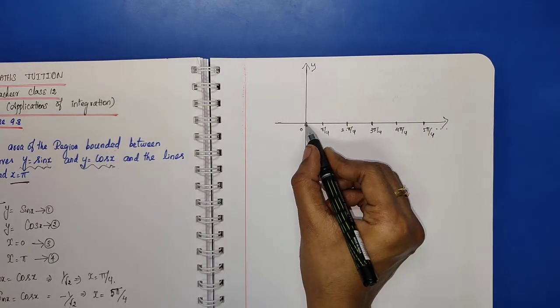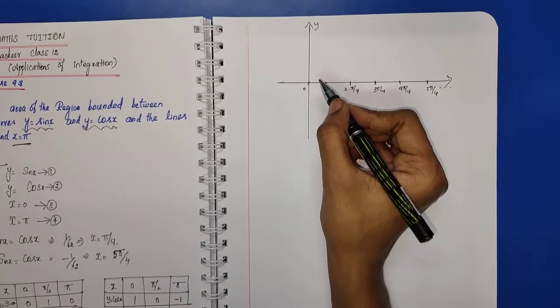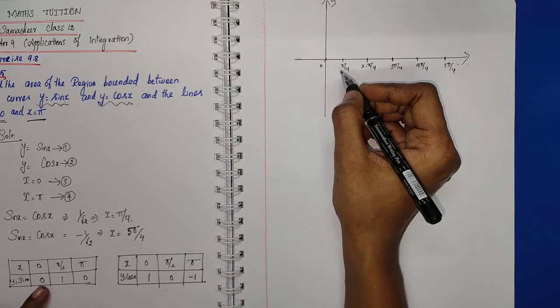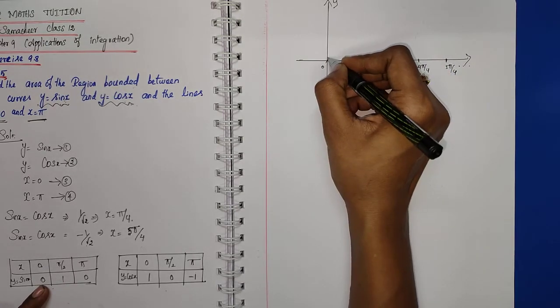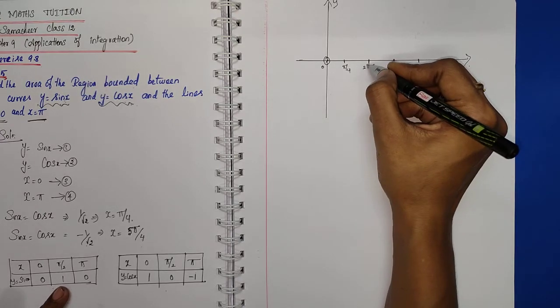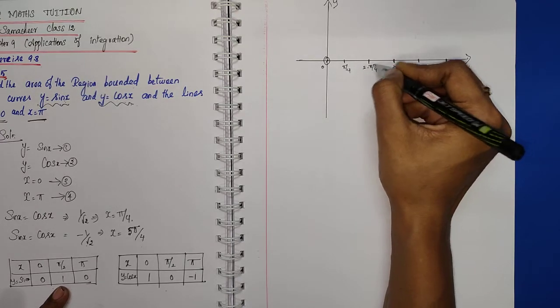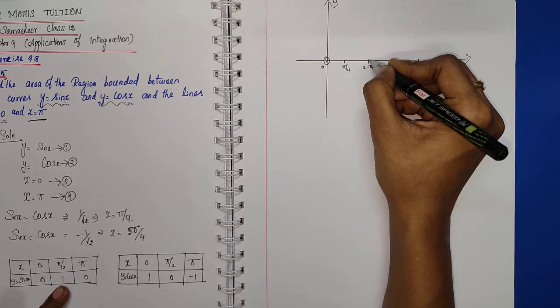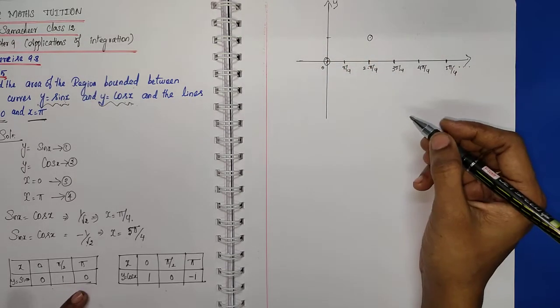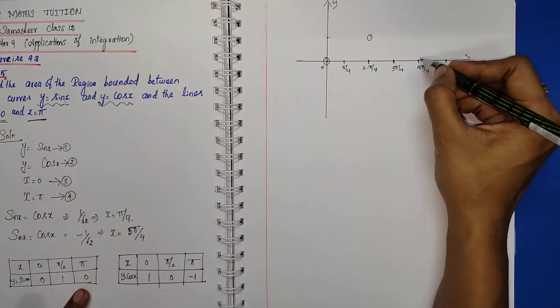So when x is equal to 0, sin 0 is 0, this point, and sin 90 is 1. So this 2, 4 cancelling, we get pi/2, that is 90 degrees. Sin 90 is 1, this point, and sin pi 0.